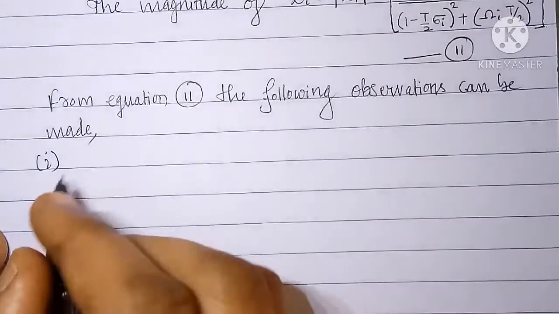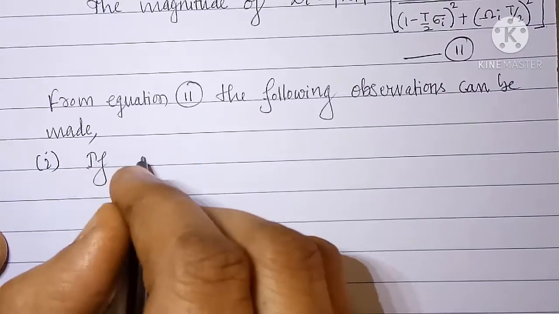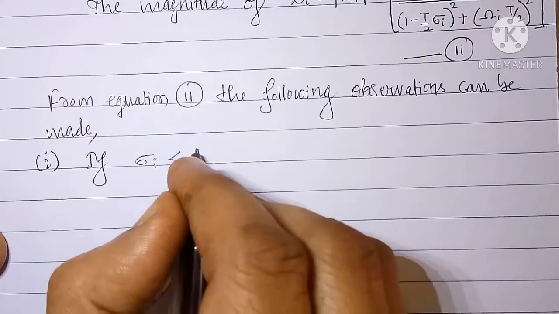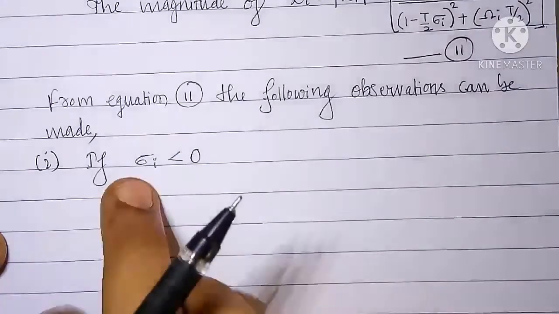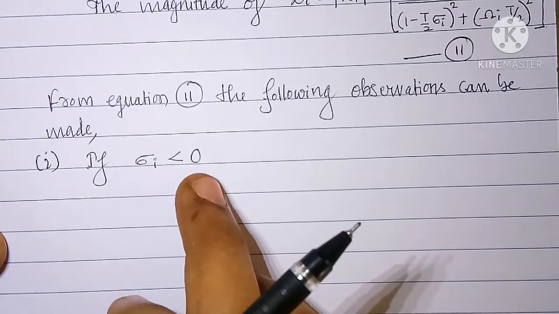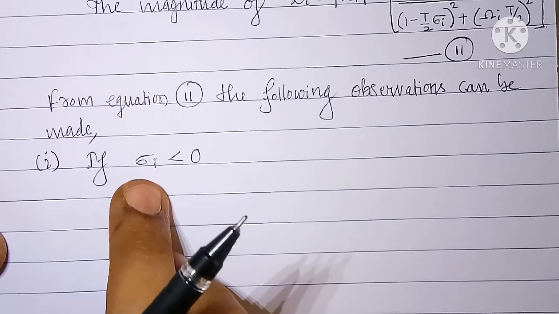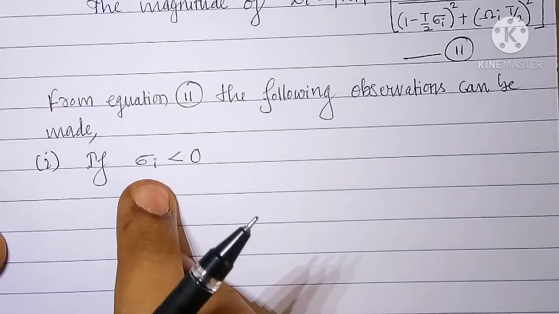First one, if sigma I is less than 0, it means that sigma I is negative. If sigma I is negative, on S plane we will be having pole on LHS.